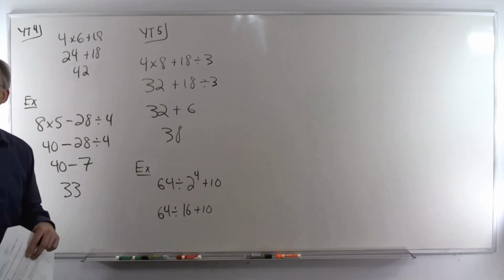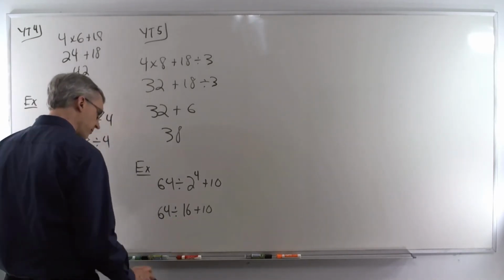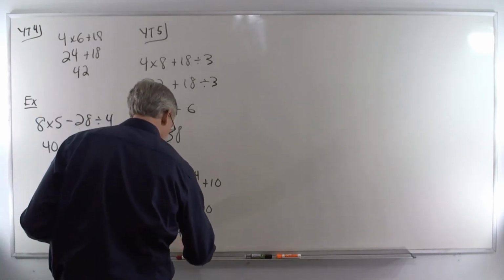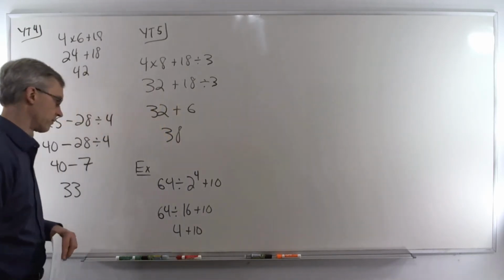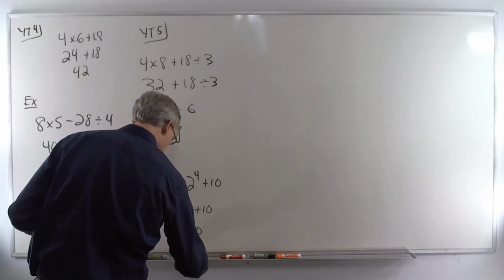Next up is the multiplication and division stage. So we're going to do 64 divided by 16. It gives us 4. Now we're down to just addition. So we can add those together. You get 14.